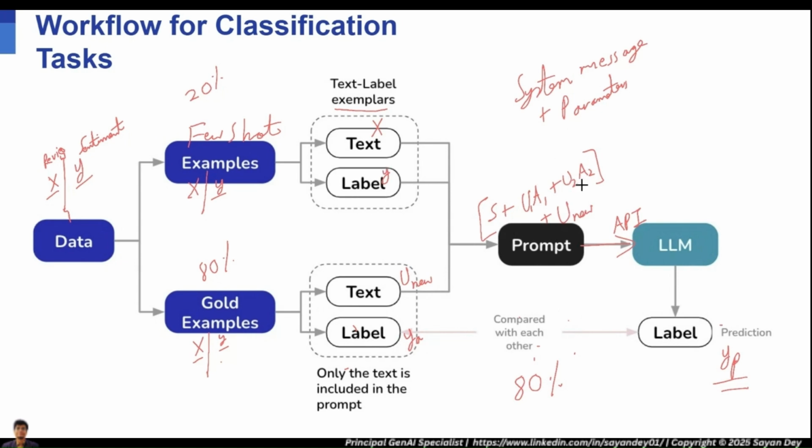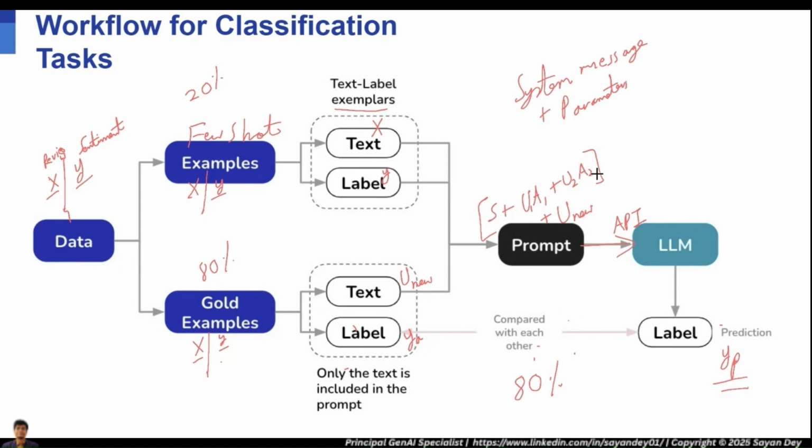You give more examples, not just U1, A1, U2, A2, not just two pairs, but let's say 7 pairs. Because the more examples you give, the more data the language model has to tune itself, and the more variety it has seen. So more data is generally good. Not all the time, you don't need too much data, but more data is generally good.